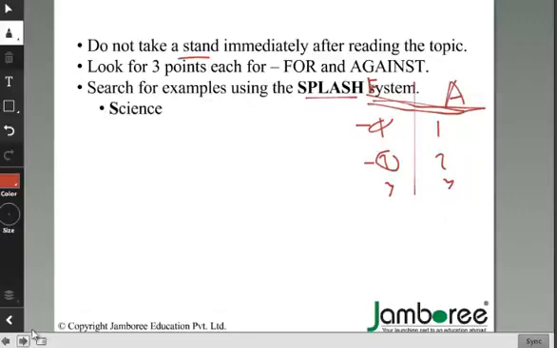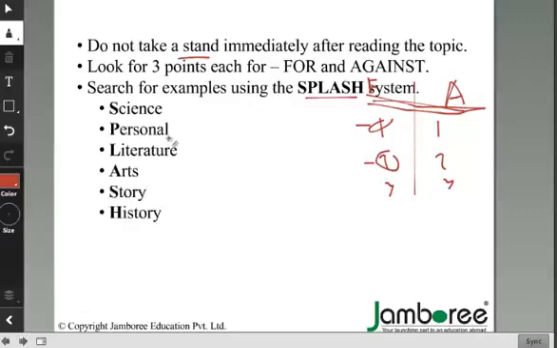Now SPLASH, let me first show what this SPLASH means. See, if I ask you for examples, you may have difficulty finding them, or thinking about how to think about examples. So the SPLASH method helps you think about examples. SPLASH means science.